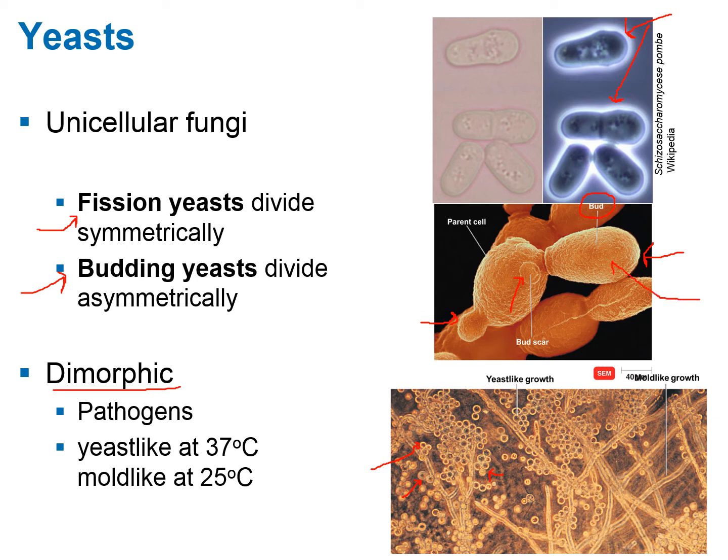But as we lower the temperature that this yeast is growing in, we start to see the development of hypha-like structures. So the fungus switches from a yeast-like growth profile to one that's more like molds with hypha and mycelia.